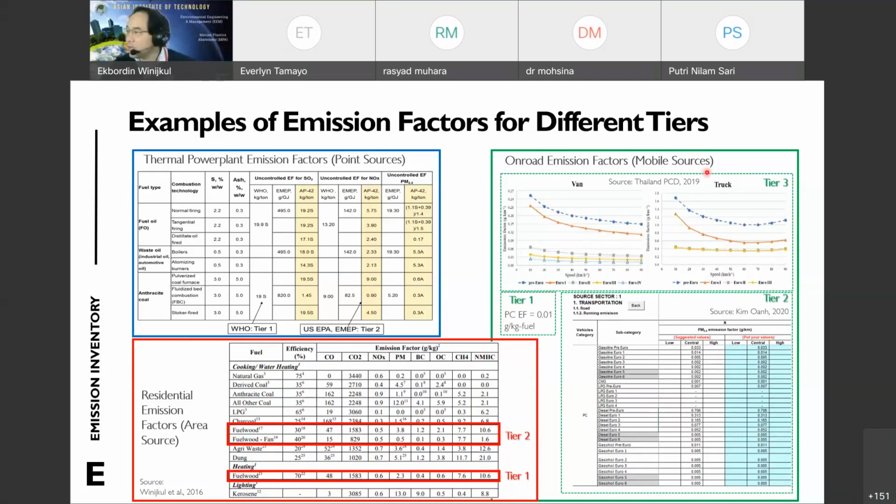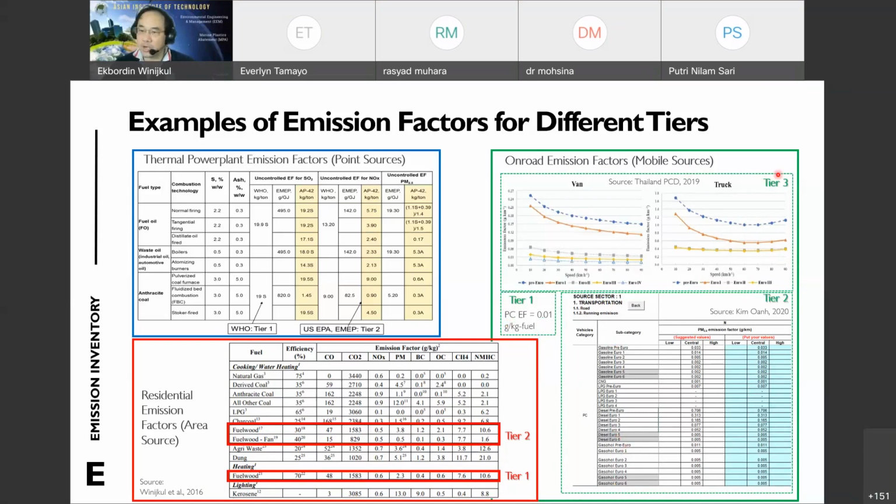On the right hand side, you can see mobile source emission. Tier 1 emission, for example, passenger car emission factor equal to this amount, gram per kilogram fuel. For tier 2, you can see the emission of passenger car by different subcategories of engine standard, and then they have emission factors corresponding with those emission standards.